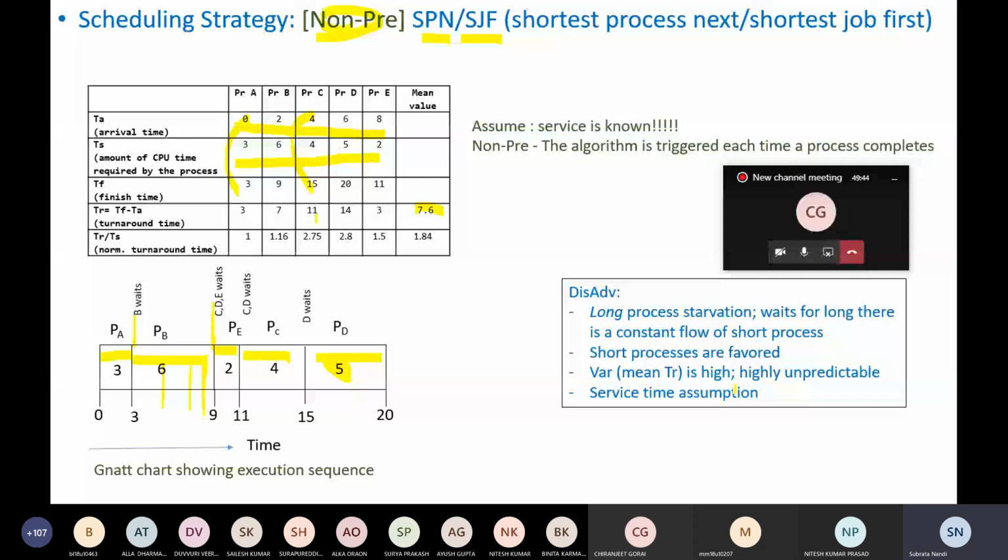But here the problem is that long processes starve. There is a starvation problem.